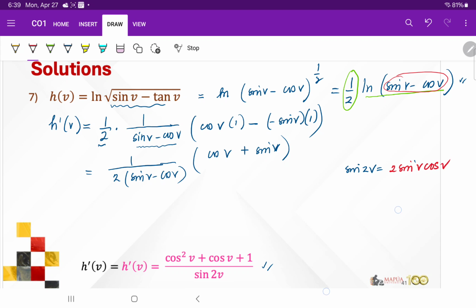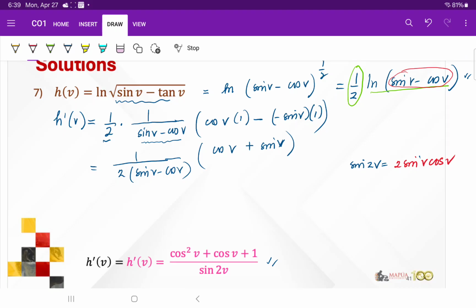Alright, so what is done is we first solve for the LCD. So what's the LCD here? The LCD is 2 times sine of v minus cosine of v. Then, it's not actually the LCD because we multiply this. So we have cosine v plus sine v.